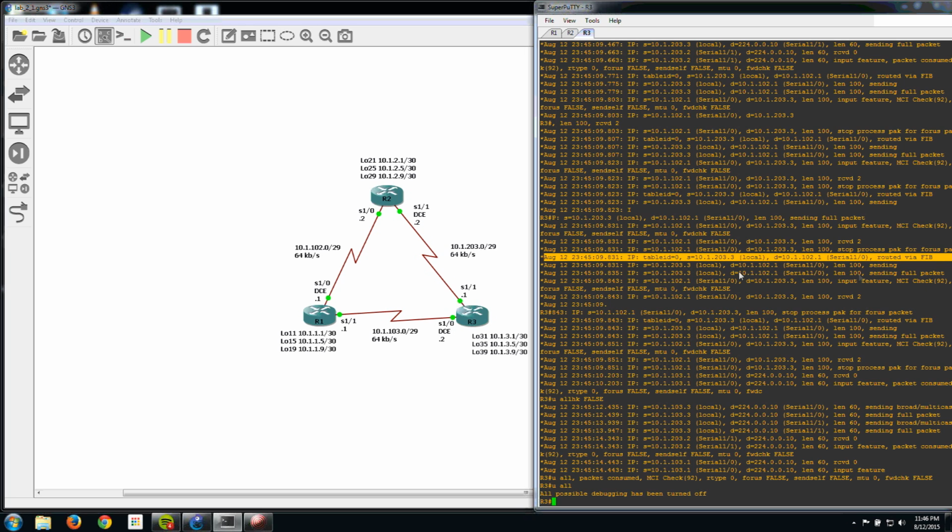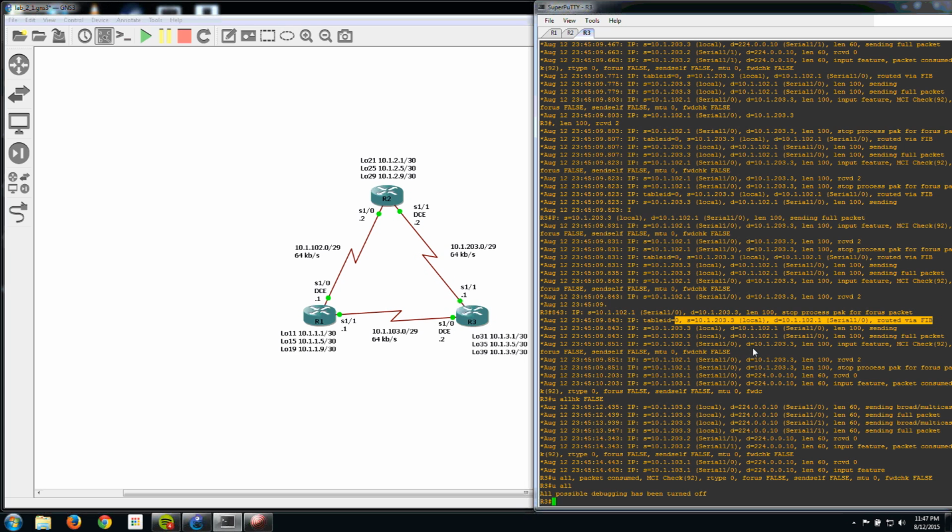Sending full packet. 203.3 destination 102.1. So that's sending out to router 1. Sending full packet.